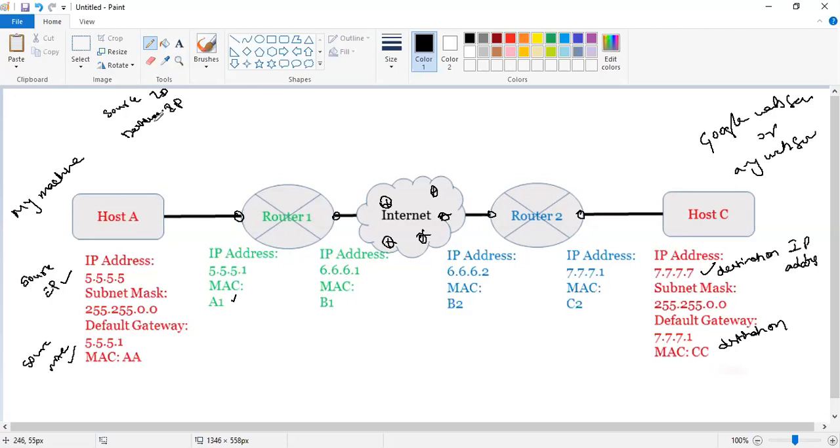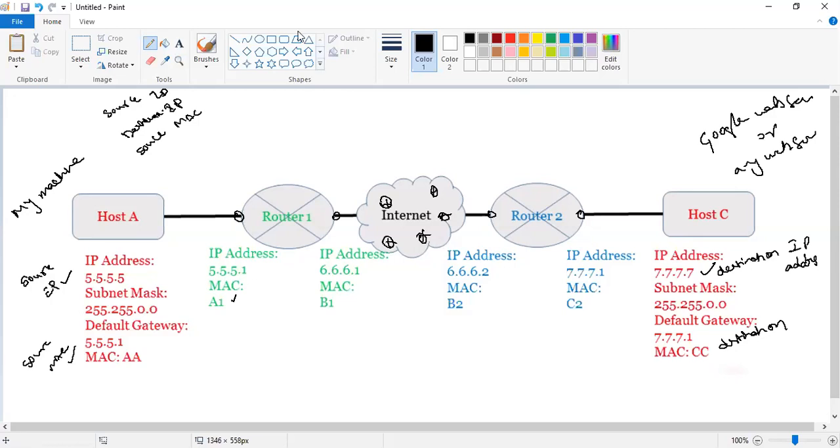Do you know the MAC address of the destination? You know your own MAC address, the source MAC address. Do you know the destination MAC address? Absolutely, you don't have any idea what the MAC address is, because all of Google or Yahoo, Amazon, Flipkart, Airbnb, any website, are designated with a logical address called an IP address.